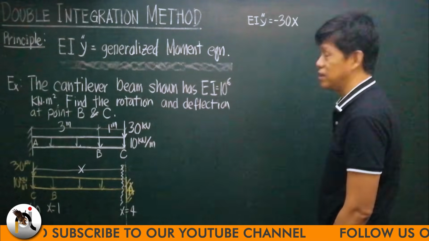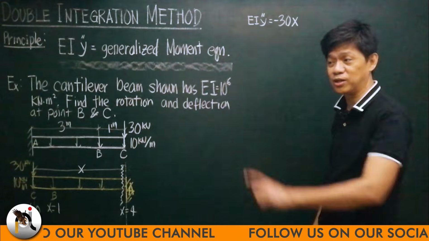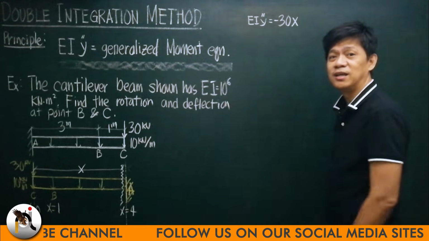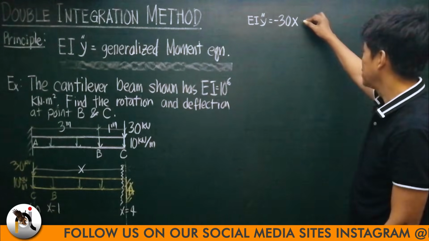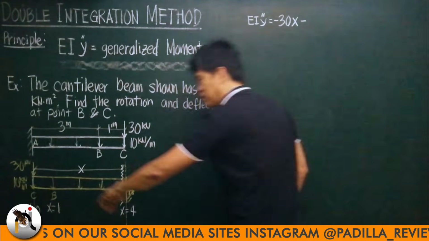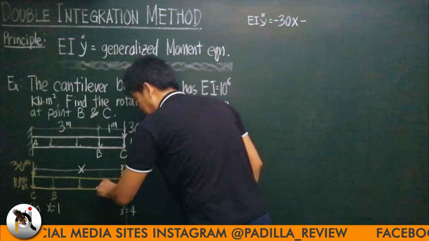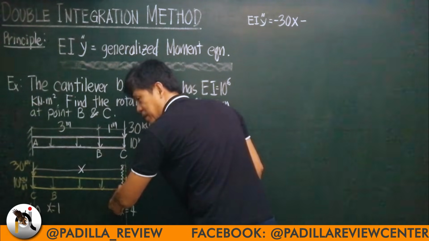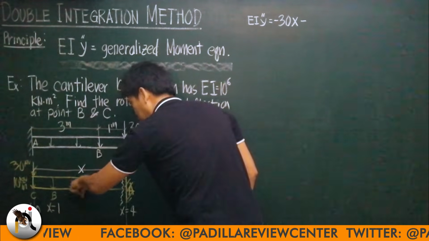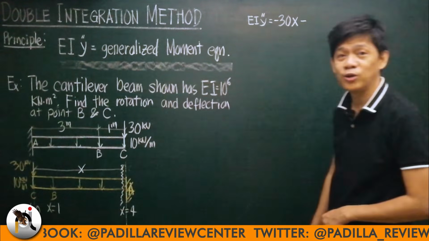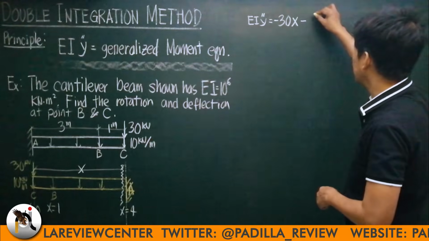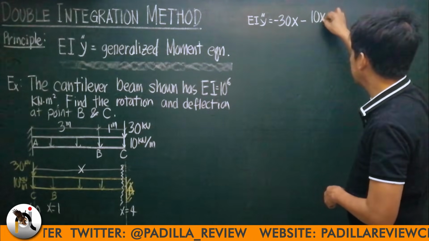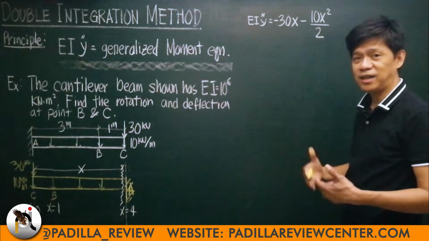And I put here a negative sign because that is a downward bending, downward moment, negative moment. Minus again, because this load is downward, it causes downward bending. So it would be the moment due to this load, wx squared over 2. So that is 10 x squared over 2 and nothing else.